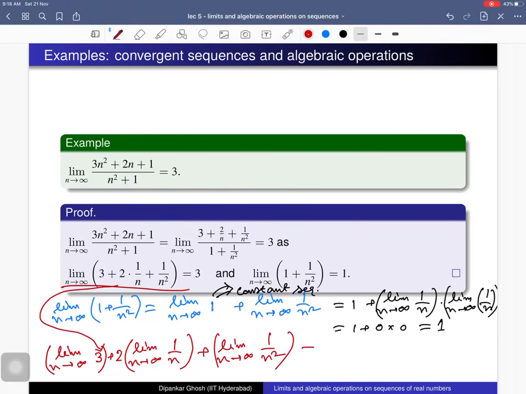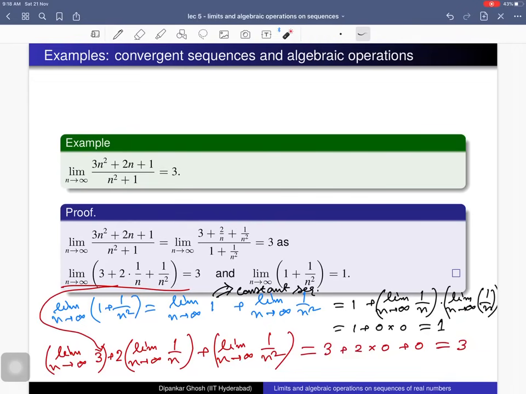So this is again a constant sequence. For a constant sequence it is convergent and the limit is this constant, so it is 3 plus 2 times 0, because the limit of 1 by n is 0, and we already know the limit of 1 by n square is also 0, so altogether it gives 3.